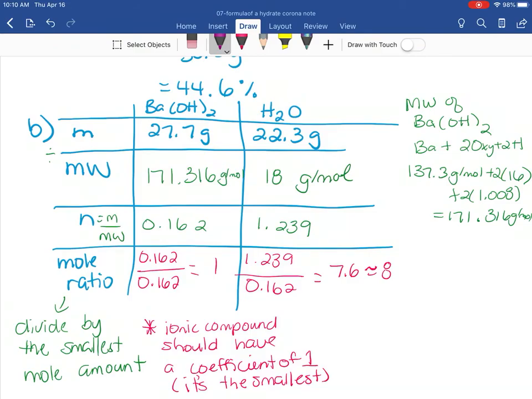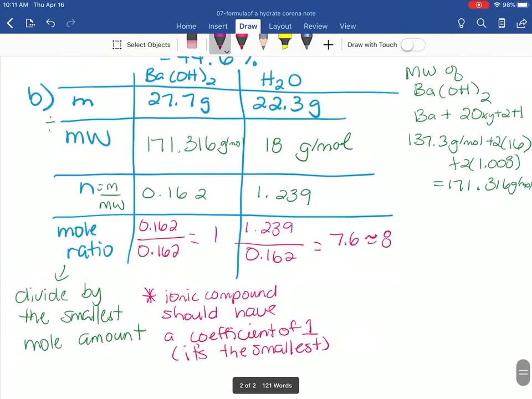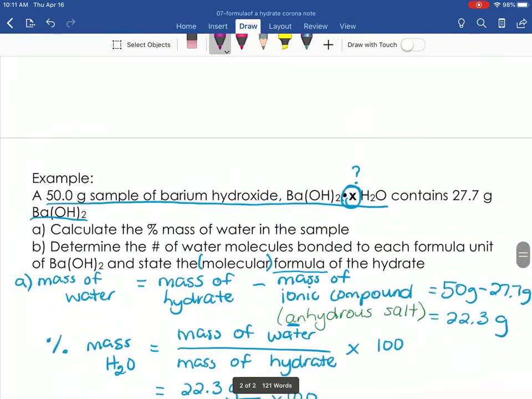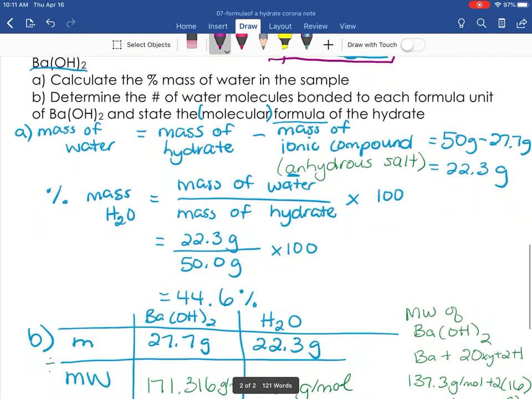Okay, and then make sure again, it does say specifically in this question, state the formula of the hydrate, but don't forget to do that. Okay, so you've done all the work. Now you just have to say the formula of the hydrate is, so you've got the barium hydroxide, and then basically we solved for X. So here is the formula, okay?